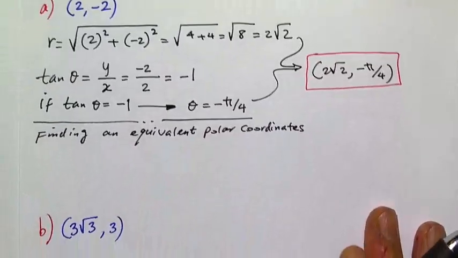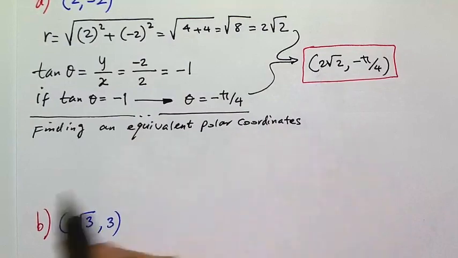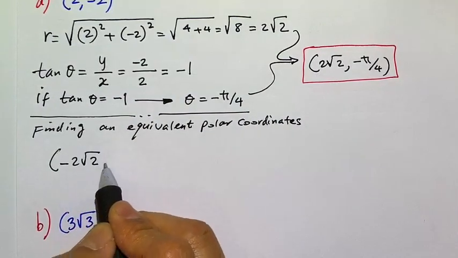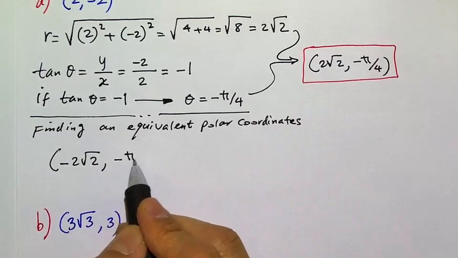So what I'll have to do is make that negative, and I will do that: minus 2 square root of 2, comma, minus pi over 4.